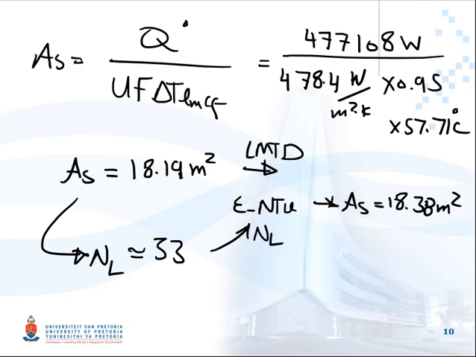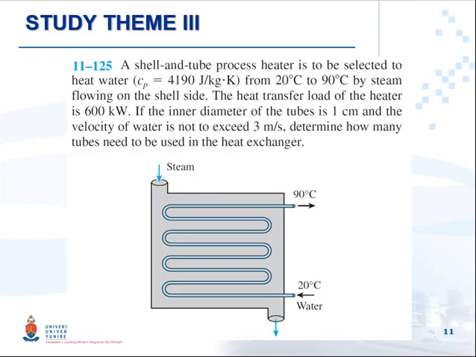Sometimes students say, "Oh sorry sir, I got a different result because I used the Epsilon-NTU method instead of LMTD," or "I got a completely different result because I used the LMTD method, while the memo is based on the Epsilon-NTU method." Whatever method you use, the answer should be the same. Okay, so let's solve another example here.